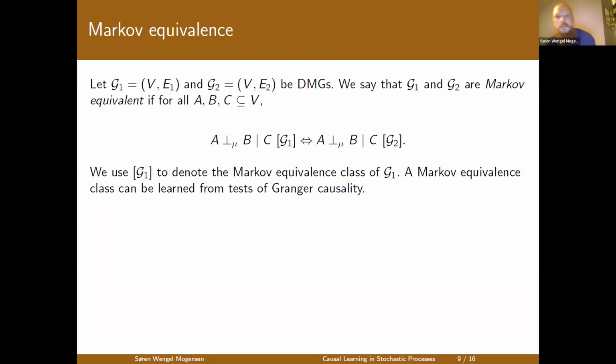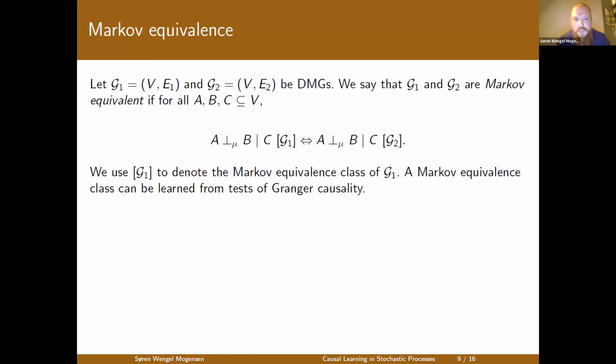Okay, so from this, we essentially want to learn. I want to test Granger causality, and then I want to output all of the causal graphs that could correspond to or generate the independences that I'm seeing in my data. And for this reason, I need to understand these Markov equivalence classes. So I take two DMGs and I say that they're Markov equivalent if they agree on all mu separations.